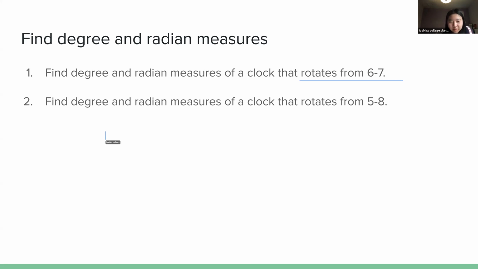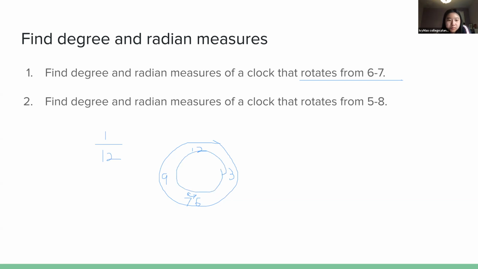So if you have a clock, and you have 7 right here, you rotate from 6 to 7, which is just 1 spot. So you do 1 over 12. And then you also notice that a clock has 360 degrees.